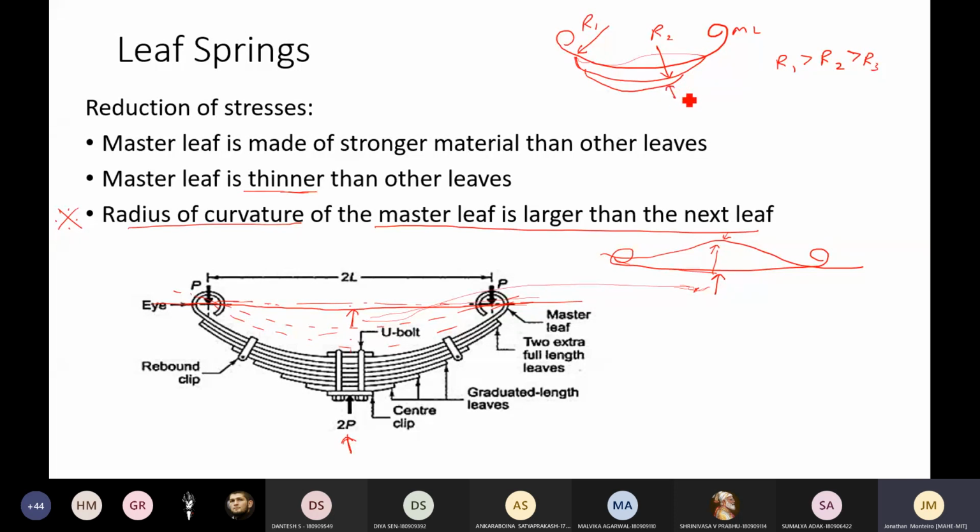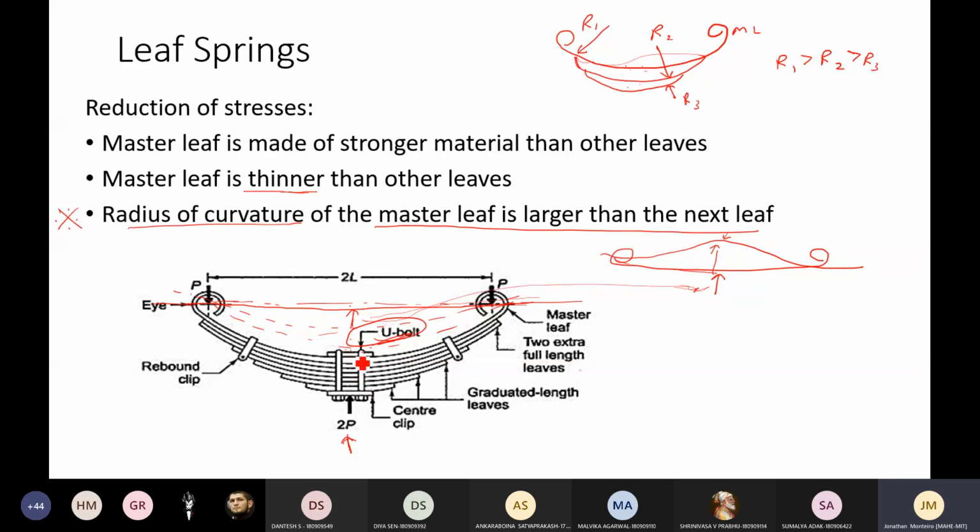Now what is the use of having these radii of curvature like this? These radii of curvature ensure that the leaves are pre-stressed in the opposite direction. For example, you put all those leaves together and this is the U-bolt. This is the one which is keeping everything together. Very important piece, the U-bolt part.